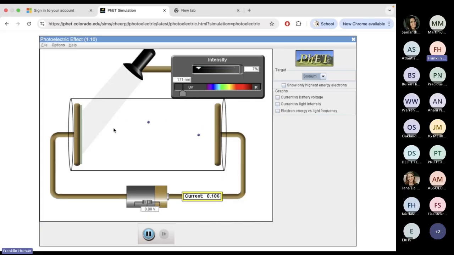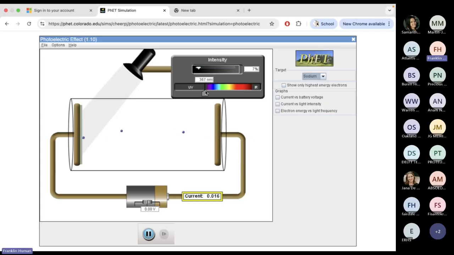So before we go to our pretest, another thing I just quickly want to show you is what difference intensity makes. Let me first show you what different colors of light make. So I'm going to go back to sodium. That is UV radiation, and those are the electrons emitted by UV light.